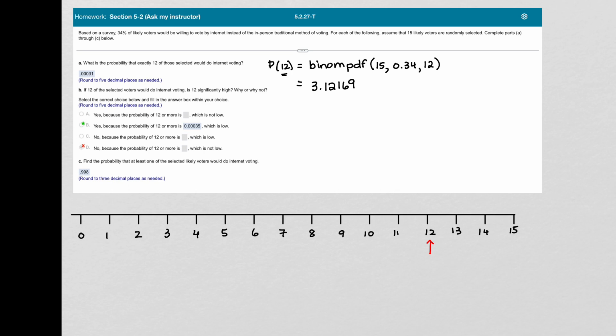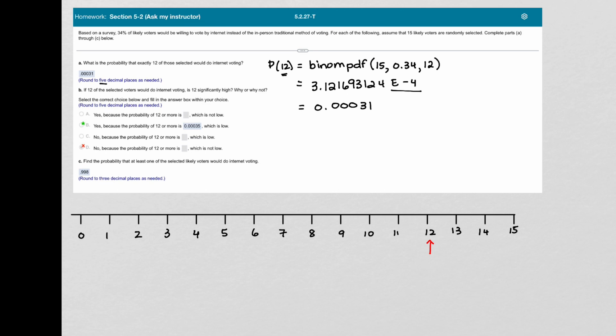3.12169 3124 E negative 4. So this is in scientific notation. That means I need to move my decimal point over 4 places. So this is going to turn out to be 0.00031 because they said to round to 5 places.